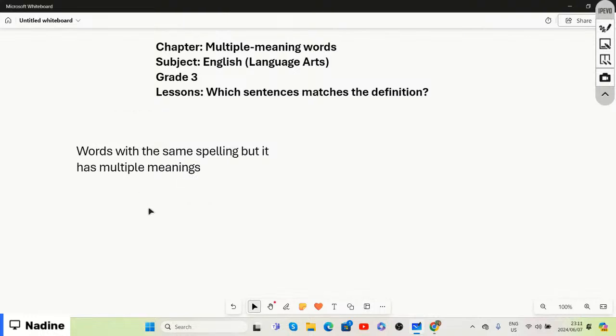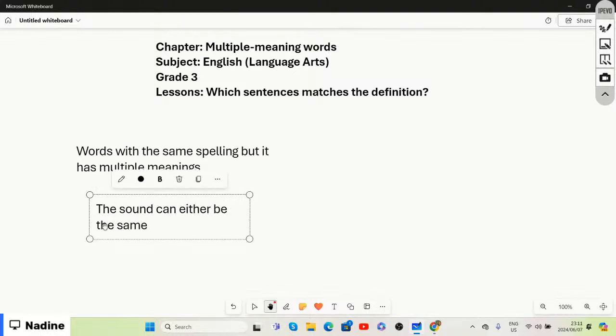Then, multiple meaning words can also have a different sound. So the sound can either be the same, or some words sound different, right?